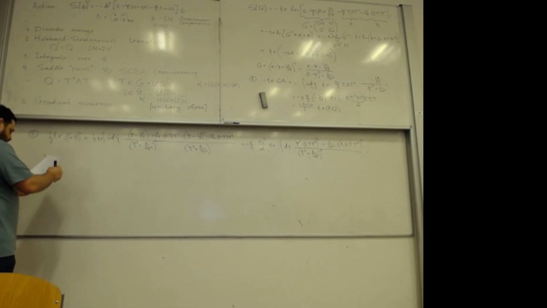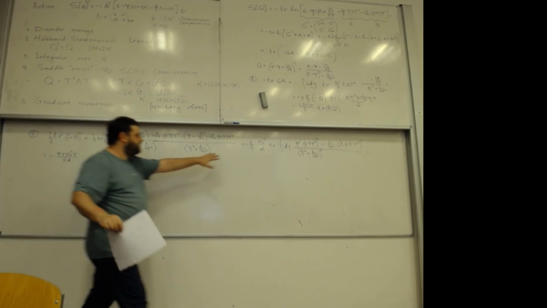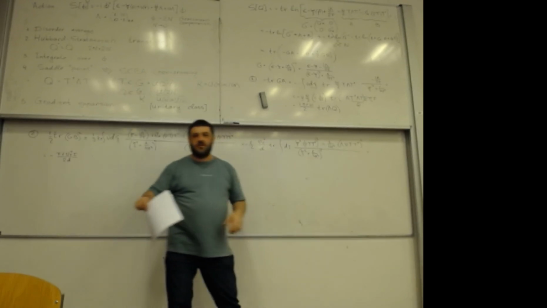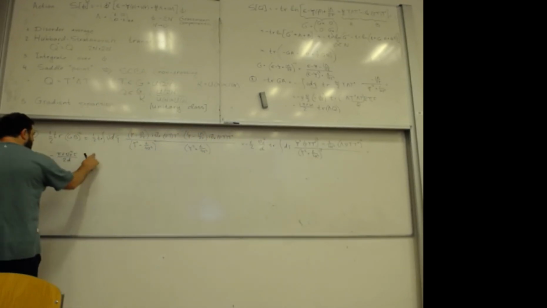And what I have here is just the final result. It's minus pi nu v Fermi squared tau divided by 2 times d. These are all these factors and also the tau which comes from the integration.